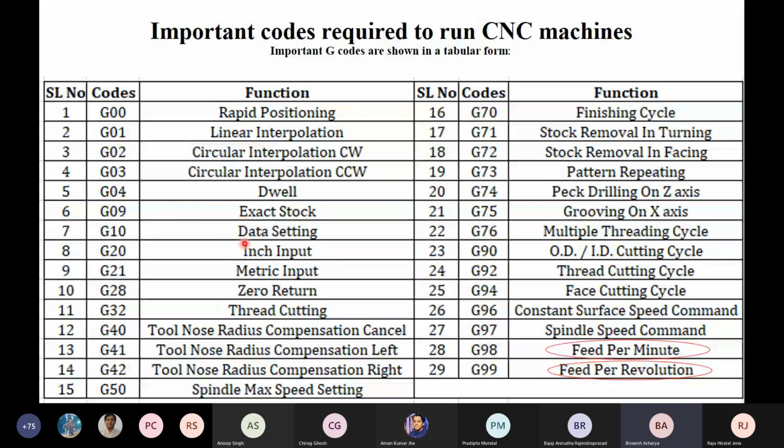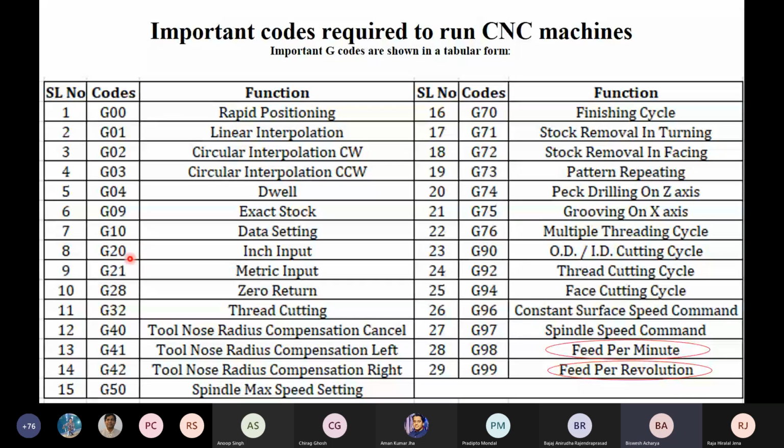Now G20 and G21. As I told, the default value is in millimeter or metric input. Suppose you have to change the unit into inch, we must specify G20 prior to machining, in the program.